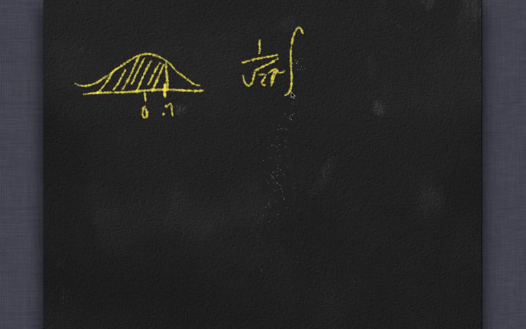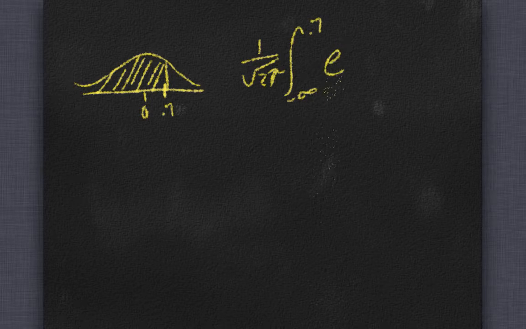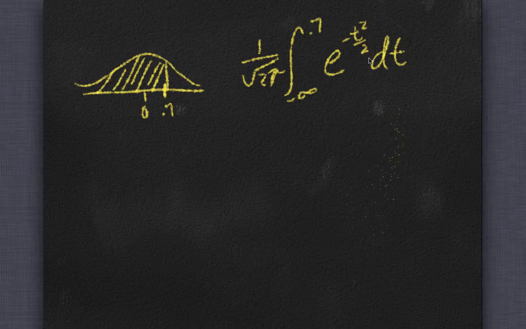So I'd have to do, this is going to make no sense to you until you've had calculus, and let me tell you that. I'm going from negative infinity to, in this case, 0.7, and what I'm adding up all the time is this function, 1 over root 2 pi e to the negative t squared over 2. That's the height at any given point.